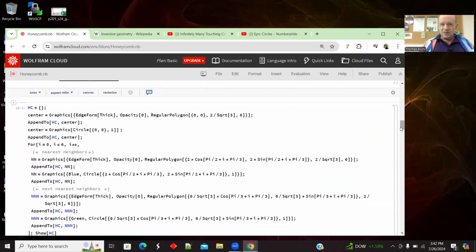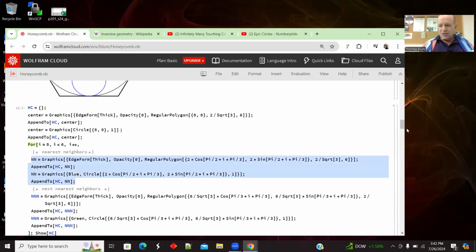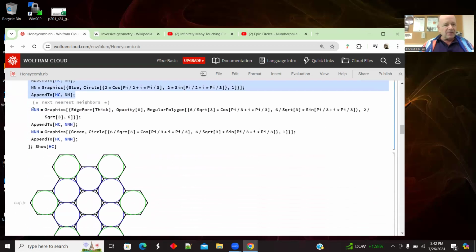So again, I'm going back and forth between non-inverted and inverted. So right now I'm in non-inverted. I have my original nearest neighbors, and then I'm adding my NNN, my next nearest neighbors, and I make the hexagon all still the same, 2 on the square root of 3 with 6 sides.